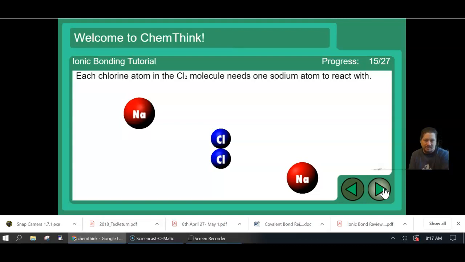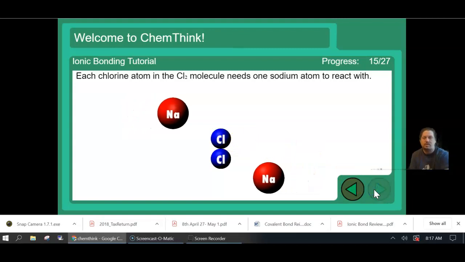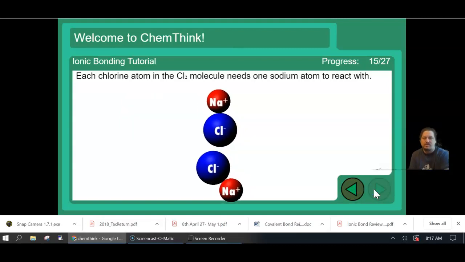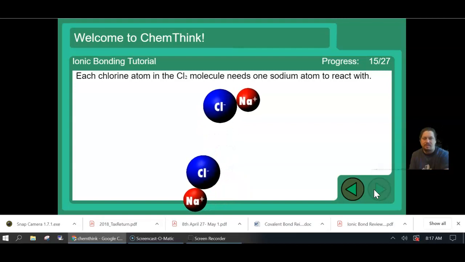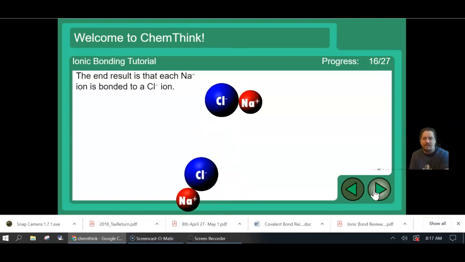Each chlorine atom in the Cl2 molecule, since it's a diatomic molecule, needs one sodium atom to react with. So if you have two chlorine, you need two sodium for it to work. So they stick together there, and they're happy. End result is that each sodium ion is combined with one chlorine. One chlorine, one sodium.